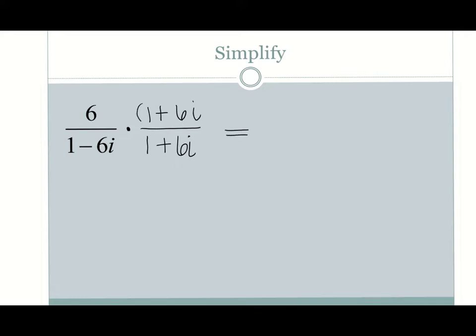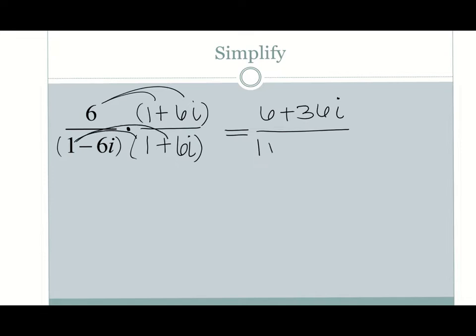So if I go ahead and multiply these in the numerator, I get 6 plus 36i. So nothing left to simplify there. And in the denominator, I have 1 times 1, 1. 1 times 6i, 6i. Negative 6i times 1, negative 6i.